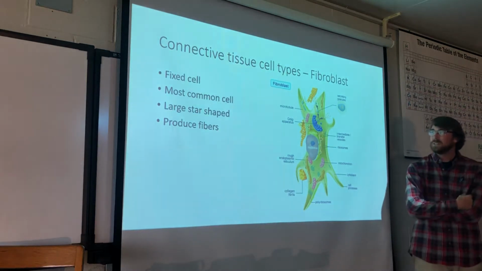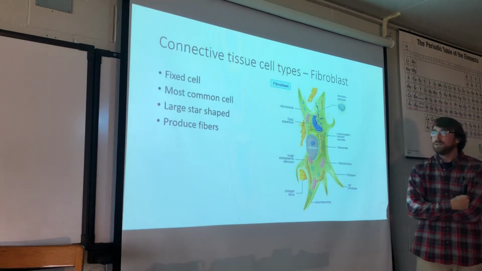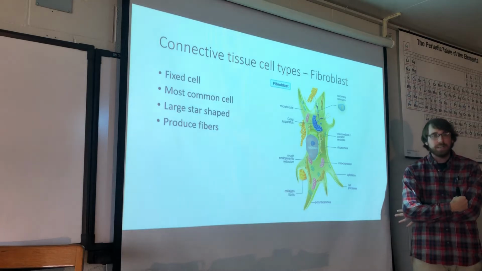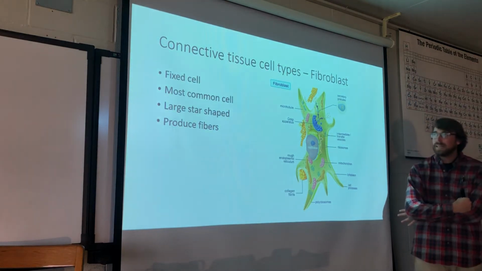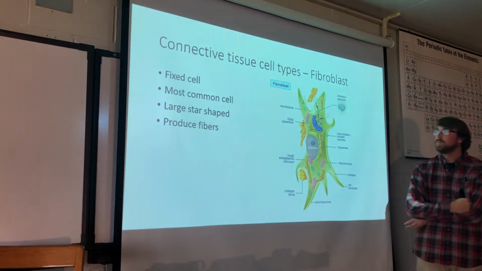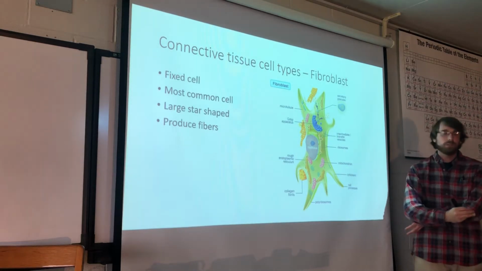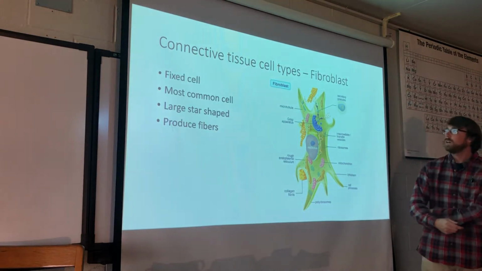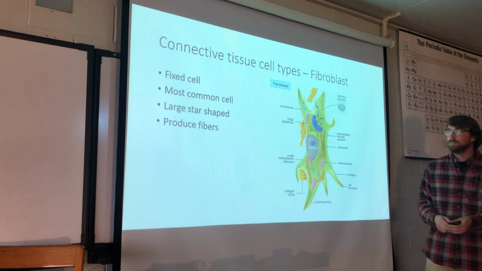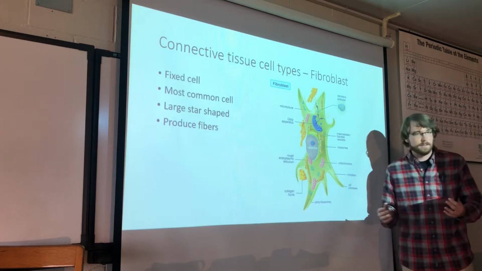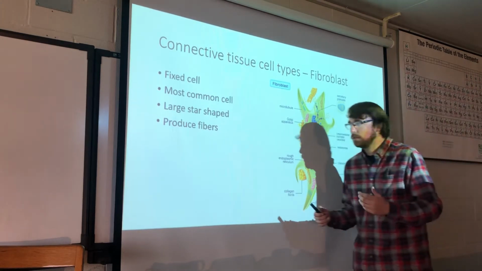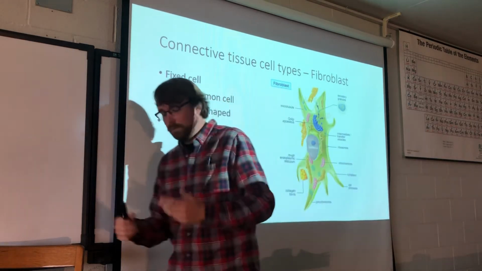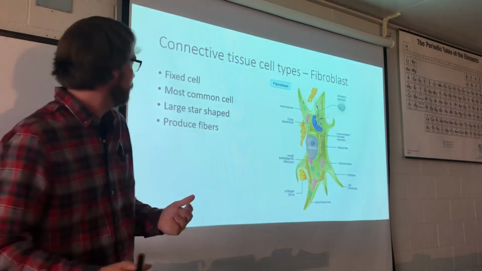All right, so we are going to go through a few common cell types that we have in connective tissue now. So the first cell type that we're going to talk about in connective tissue are fibroblasts. These are fixed cells, which means that they are not free to move around the body. They are one of the most common cell types in connective tissue.